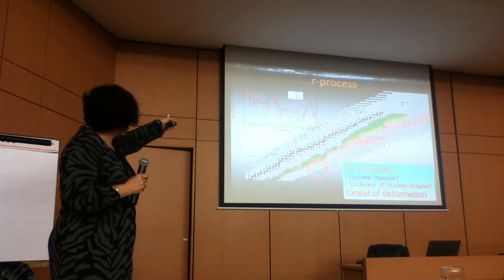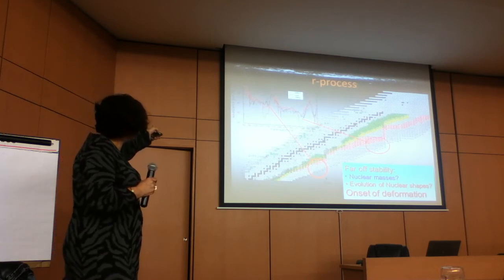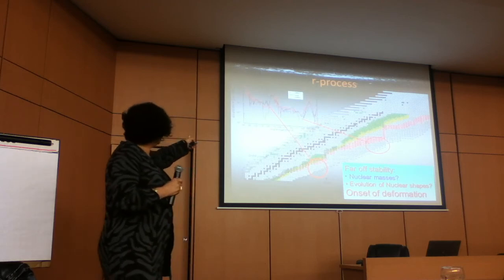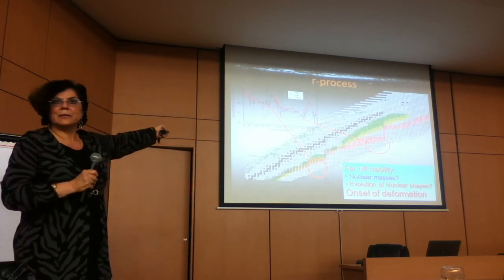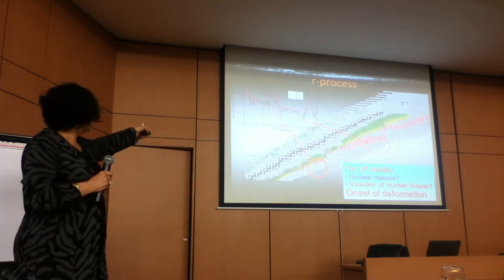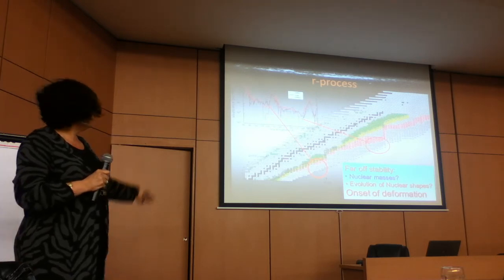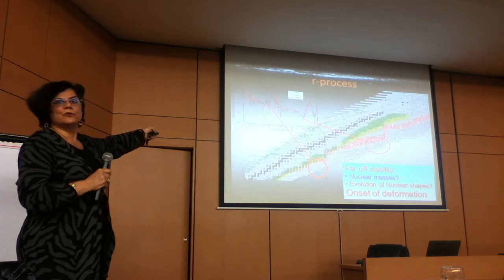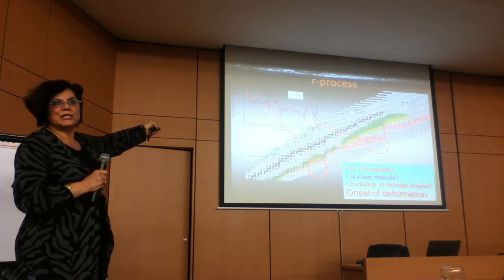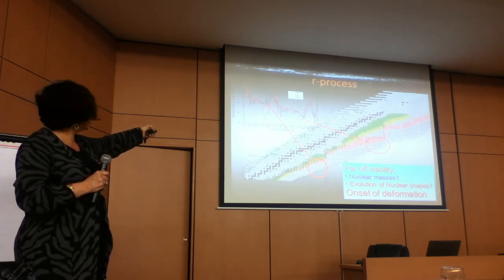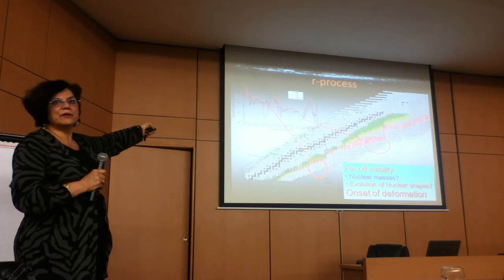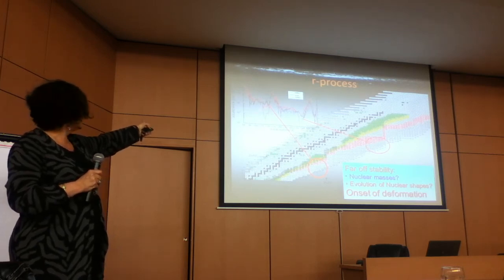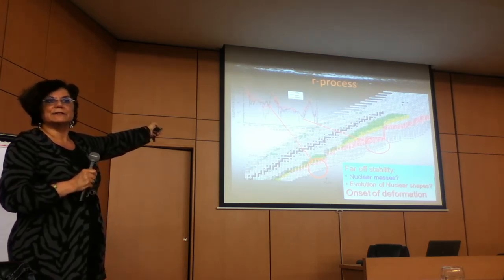These are both the ETFSI-Q type of mass models, which have a very similar basis except for the quenching of the major shells here. So if you put in mass models which have different major shells, different magic shell numbers, you're going to get very different solar abundances.